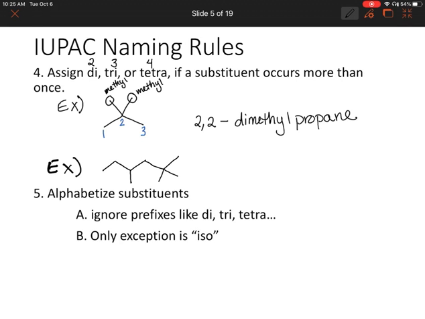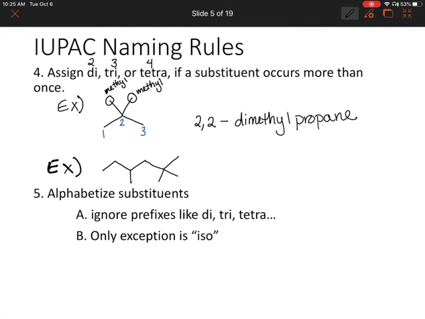Okay, so this is actually the molecule that I showed you on a previous slide. So I would like you to try to name this molecule. So again, find the longest carbon chain and then figure out which substituents you have, and try to give them the lowest numbers possible.